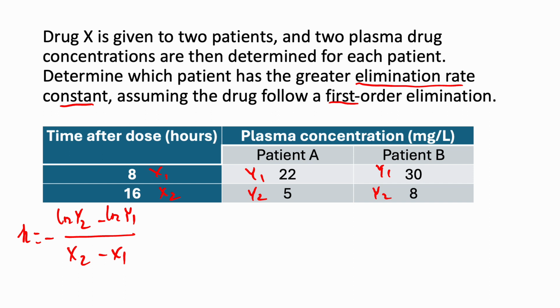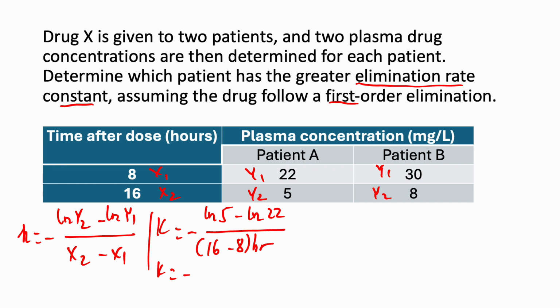For patient A, now I calculate. K is equal to the negative of natural log of y2, I have natural log of 5, minus natural log of y1, or 22, divided by x2, I have 16, minus x1, 8 hours.